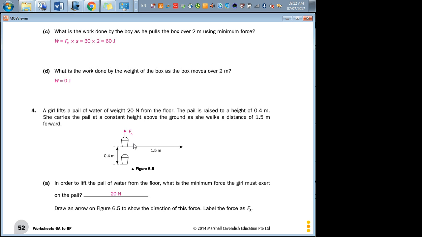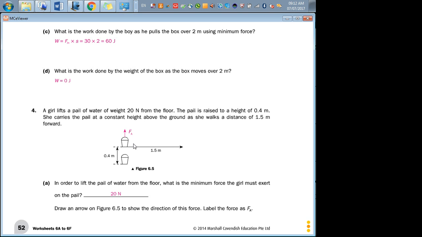Then she starts to walk. Oh no, before that, part B. What is the work done on a pail of water as it is lifted to a height of 0.4 meters? So, her force, what is the direction of her force? Upwards, we have that already. What direction did the pail move? Upwards, same, right? What's the distance?